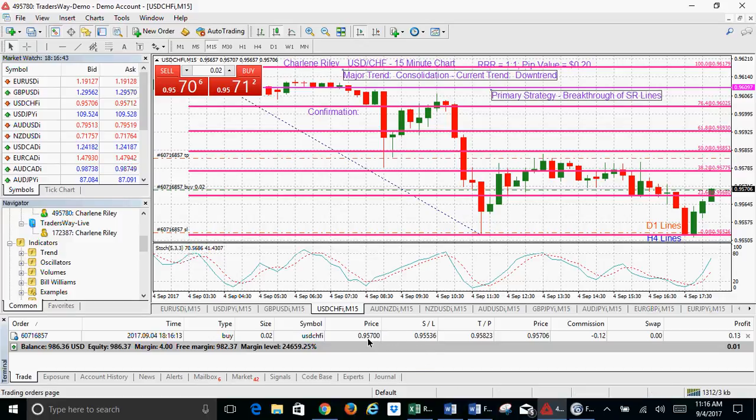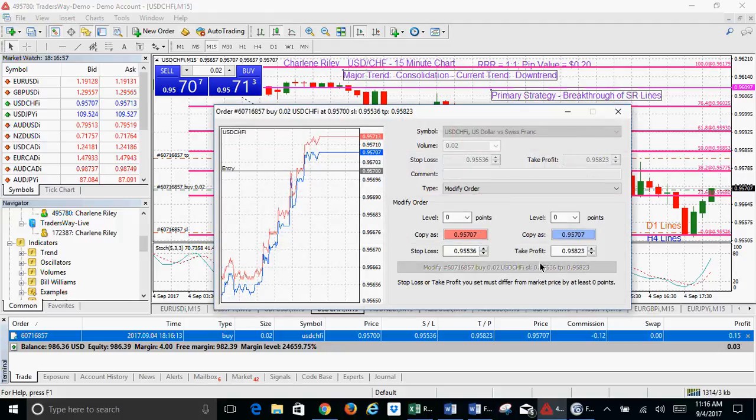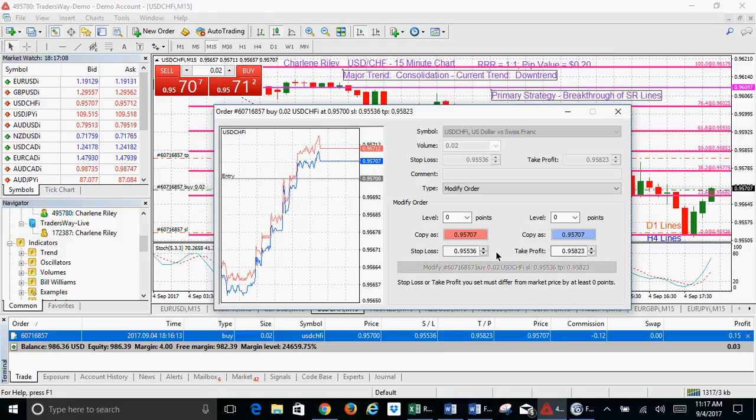So, what I'm going to do now is modify the take profits and stop losses. Let's see, so the stop loss 70 to 53. That's 17 pips. So I'm going to make it an even 20-20.